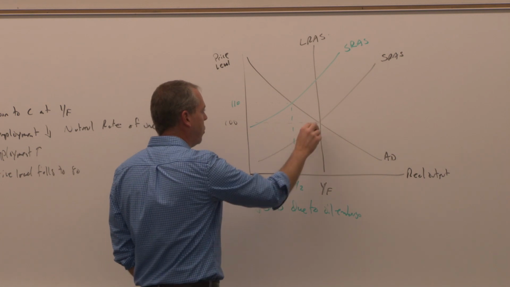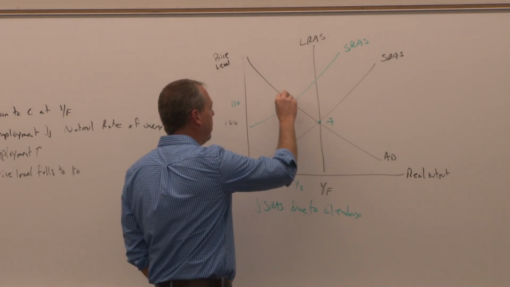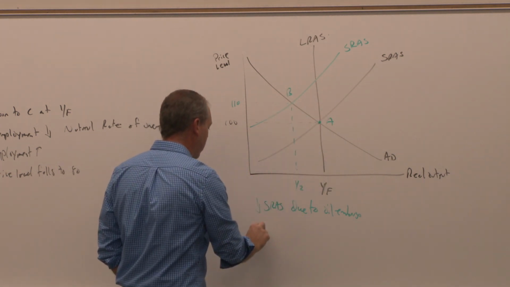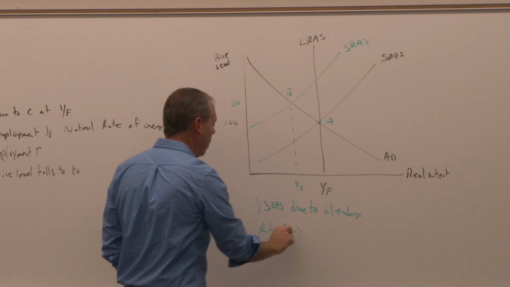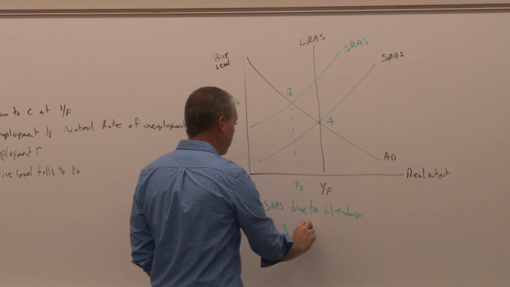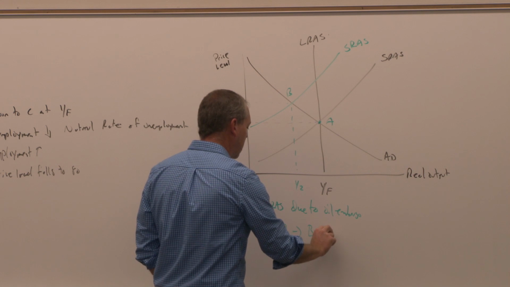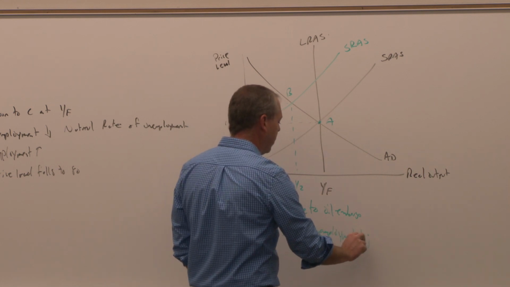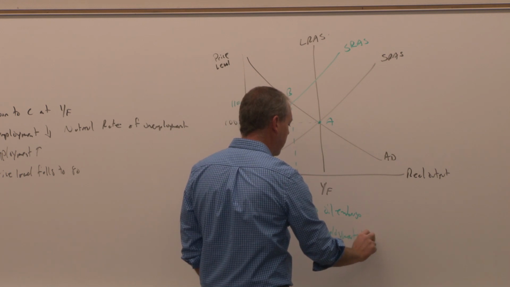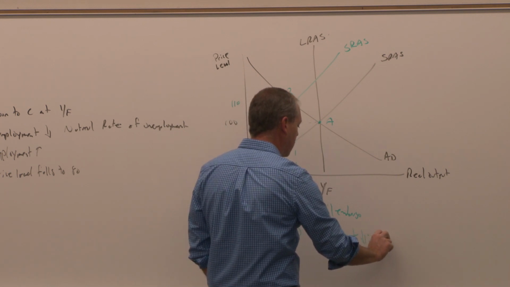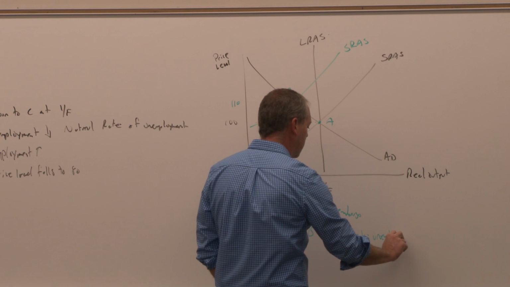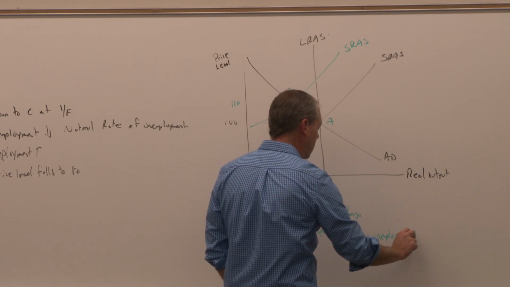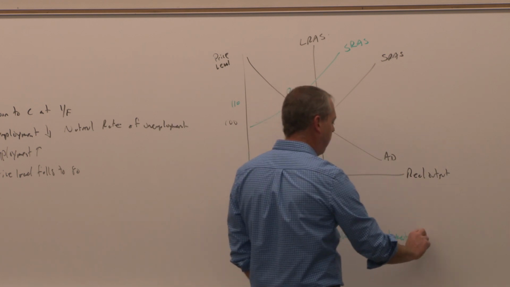So we're going to see us going from point A here to B. So we're going from A to B, right? So we see here at B, employment falls. We've got this increase in the unemployment rate. We see output fall.